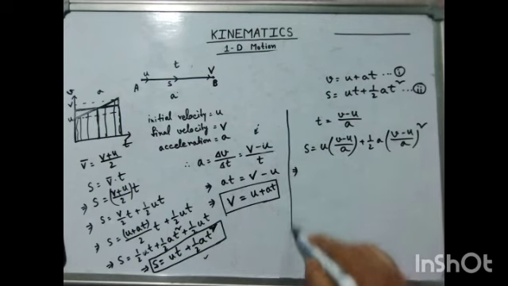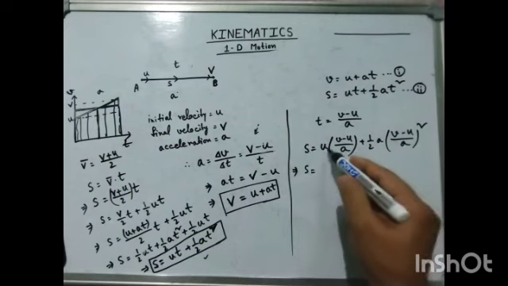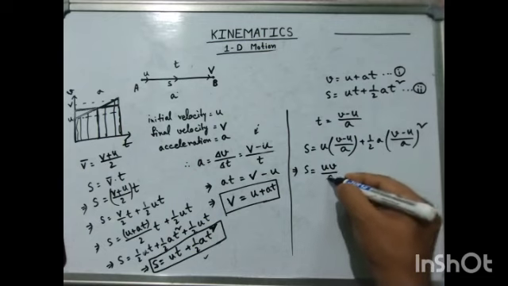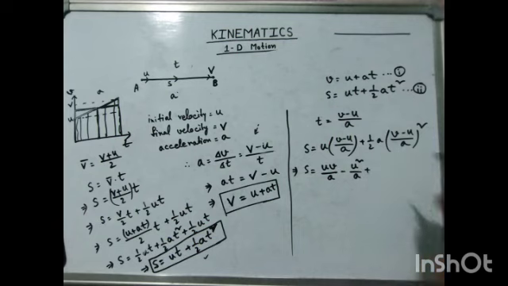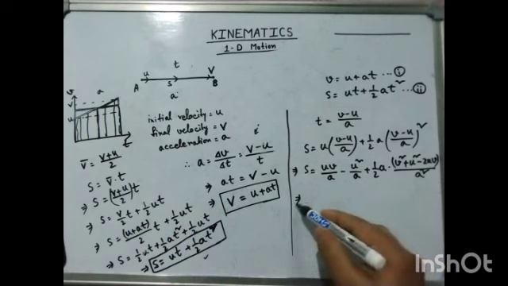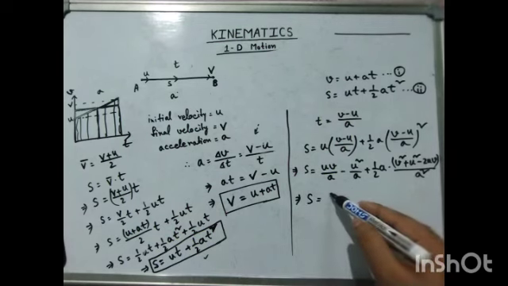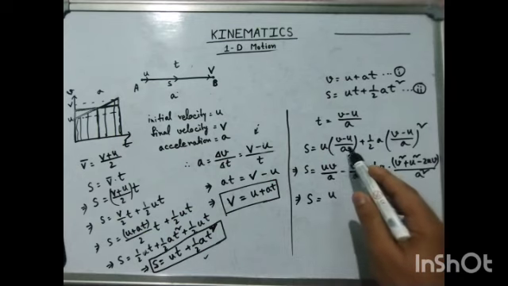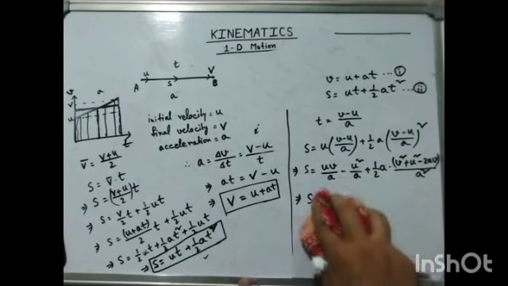So s equal to uv by a minus u square by a plus half a into (v minus u) whole square, so that will be v square plus u square minus 2uv, by a square. Let's make it more simple.